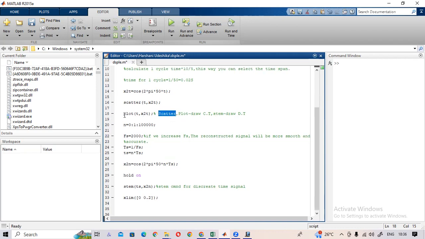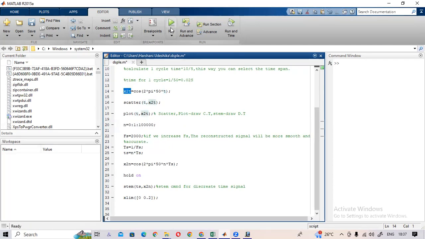Okay, so here we first use plot command because we need to draw this signal, continuous time signal. This is a continuous time signal. So we use plot command. Okay, so when you are using plot command, within bracket you need to first write the independent variable, then dependent variable. Dependent variable is x2t.